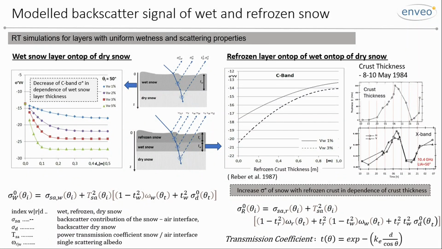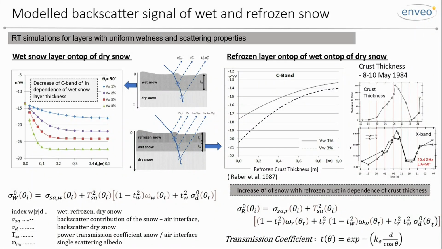Normally, of course, this has a kind of gradient. In this case, we assume that it's a homogeneous amount of liquid water content in this layer. And this is on top of the dry snow, and below somewhere would be the ground. It's not shown here. What happens if I have the starting of this with 1% liquid water in the volume?